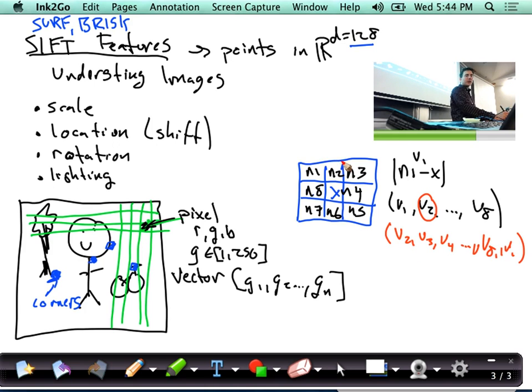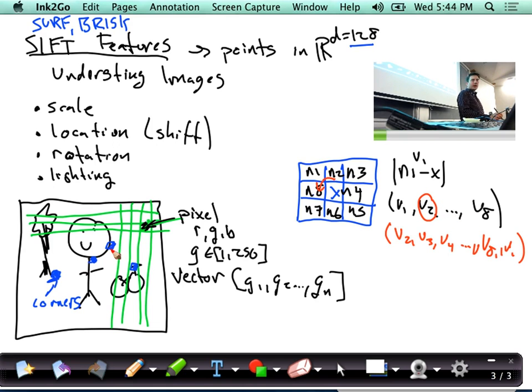So the first one is the largest, and by doing this you're kind of rotating the image by a pixel over to where the biggest difference is. This is supposed to remove the rotation effect.